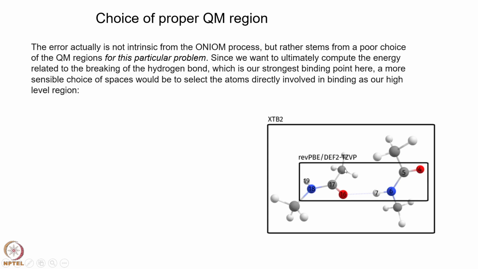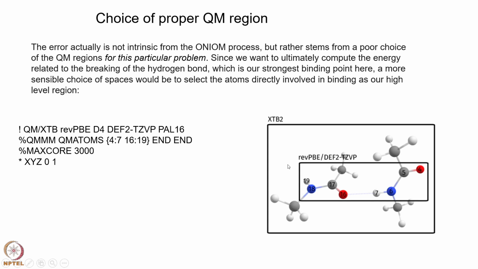Similarly, here I do not choose this carbon, but nitrogen, because it can have some electronegative effect. And you need to remember that the cutting of the bond should always be done through some single bond. You should choose the QM region in such a way that it should never cut across a double bond. So, this is the QM region we are going to use for our calculation.